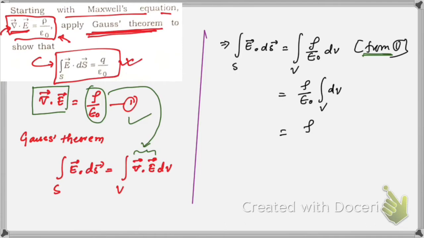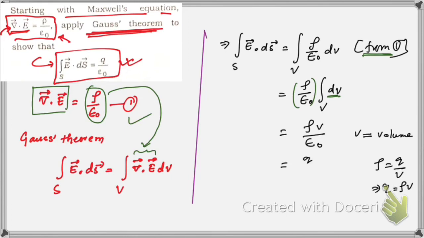Here rho and epsilon naught are constants, taken outside the integral, and the volume integral of dv will be the complete volume, the entire volume V. V represents volume here, and we know that volume charge density rho is equal to q by V. That's why q will be V into rho, so rho into V can be replaced by q, that is charge, right?